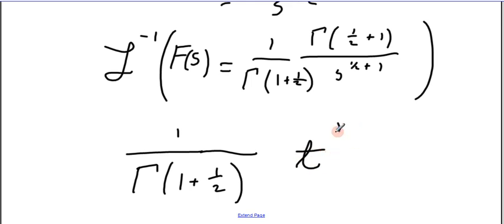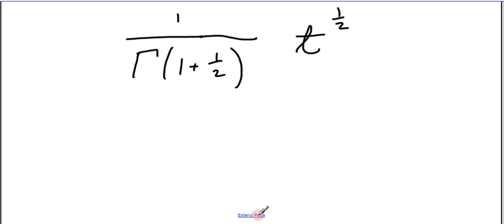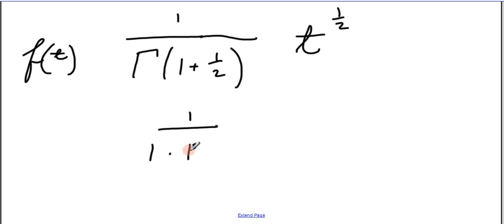Times t to the 1/2. Okay, so this is going to be f of t. Then I'm going to ask myself, well, what is gamma function of 1 plus 1/2? Well, it's going to be 1 times gamma function. That's a gamma function.